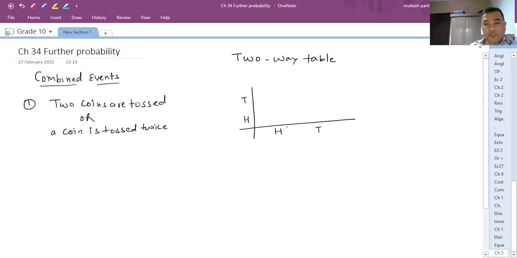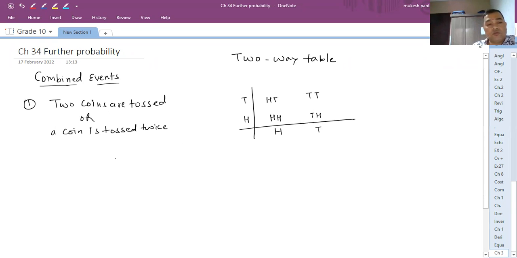Suppose the first coin gives head and the second also gives head, so this outcome is H-H, then H-T, then T-H, and then T-T. So there are four possibilities. When two coins are tossed, there are four outcomes.